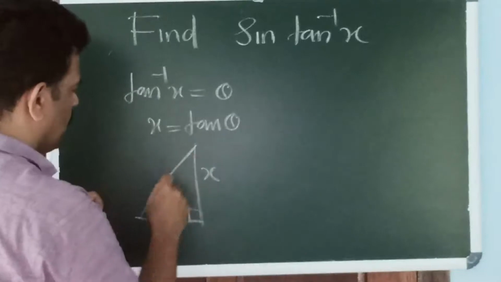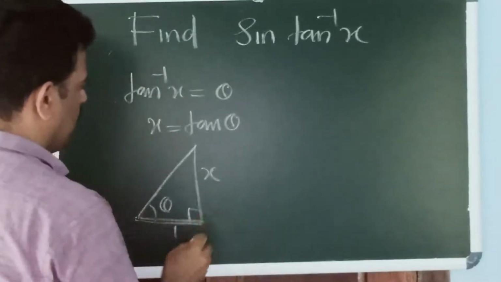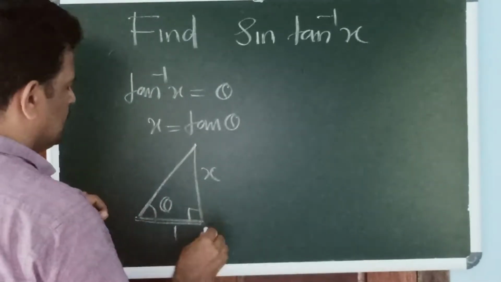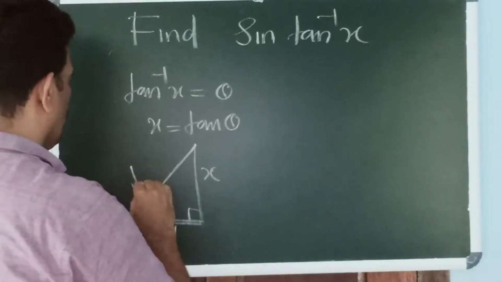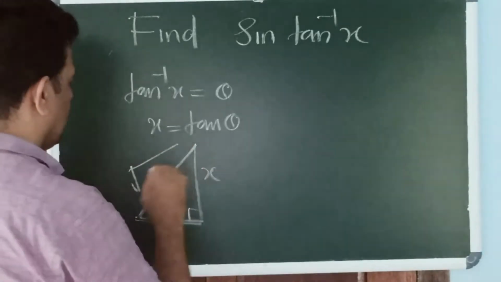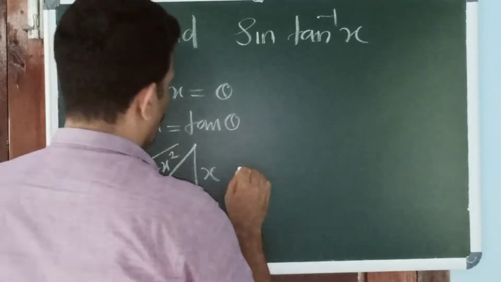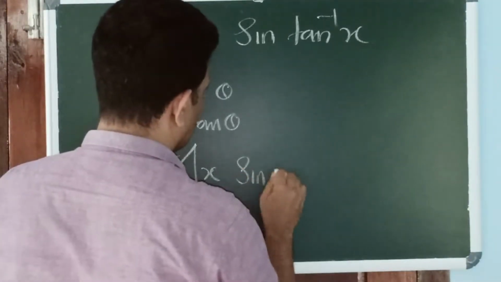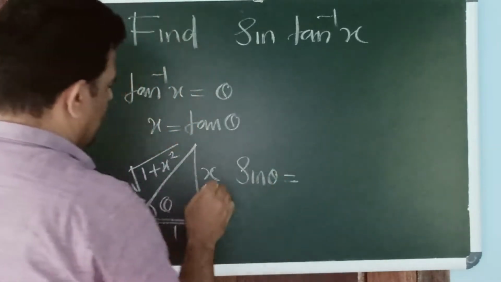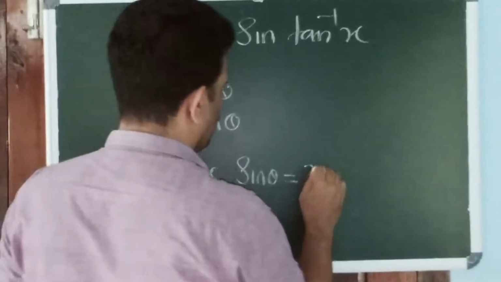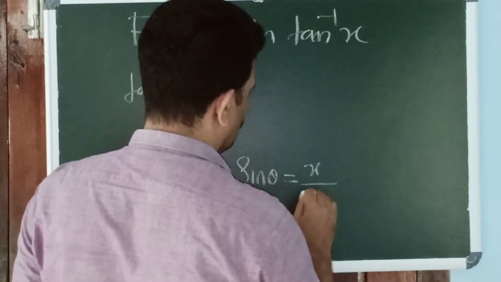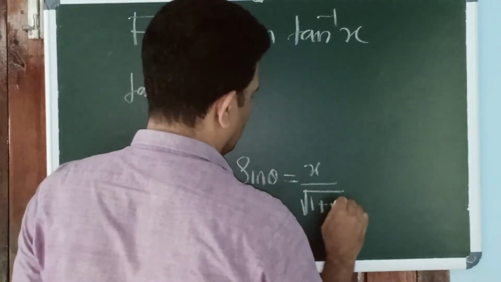Now using Pythagoras theorem we can write that the hypotenuse is equal to square root of 1 square plus x square, that is square root of 1 plus x square. So sin theta is equal to x divided by square root of 1 plus x square.